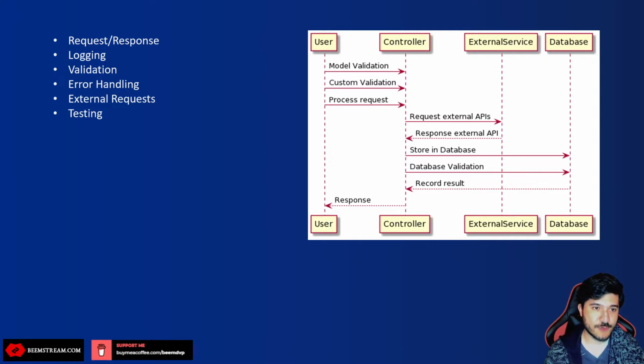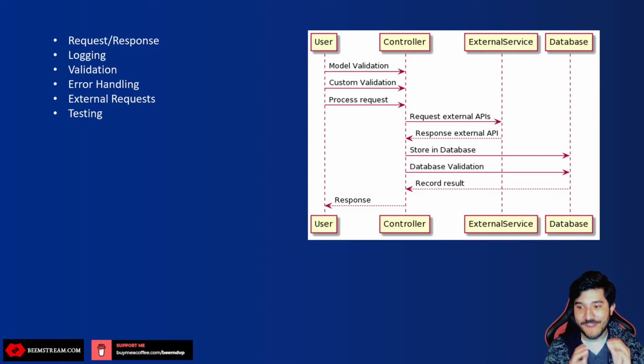How external requests are handled as well, whether that's convention by the framework or convention by the language. How can we handle asynchronous requests, right? And lastly, I want to go over how easily classes or functions can be tested, because testing is of course an important part of the software development cycle.